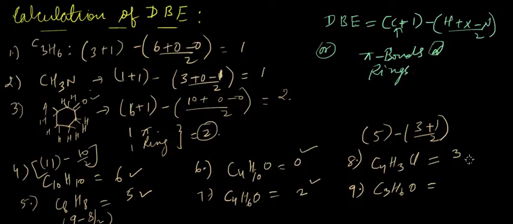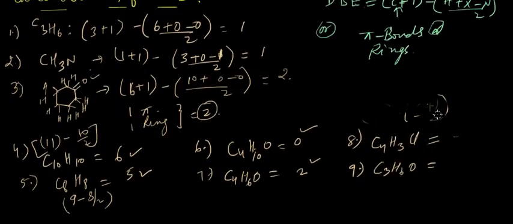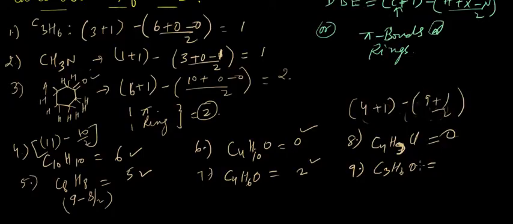So I think there is some correction over here. It is not the compound we are looking for. The compound actually has 9 H atoms. So now again calculating the DBE, we get 4 plus 1 minus 9 plus 1 by 2. It would be 0. Okay, so what is the value for C3H6O? If your answer is 1, then you are correct.